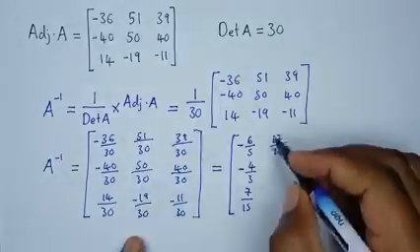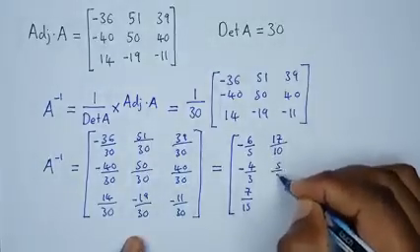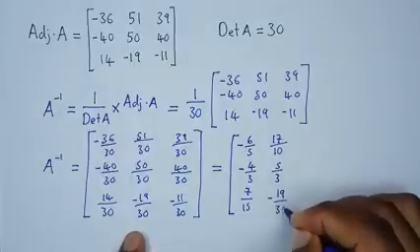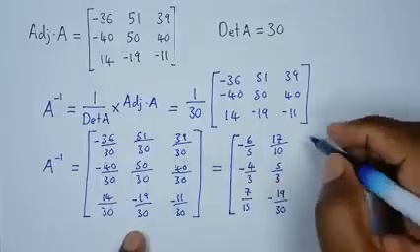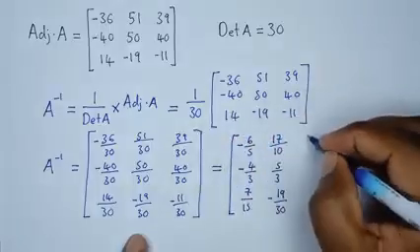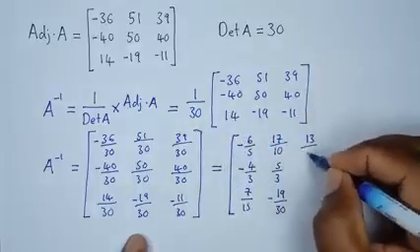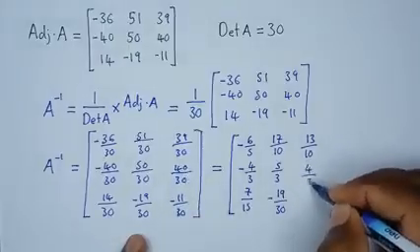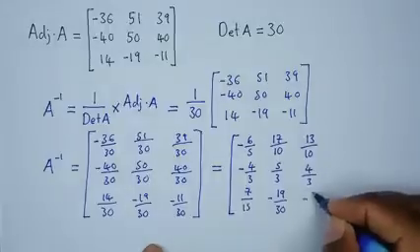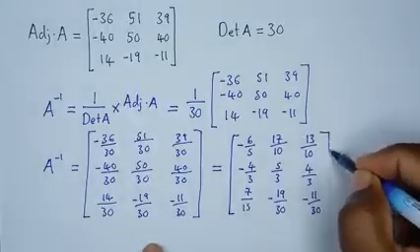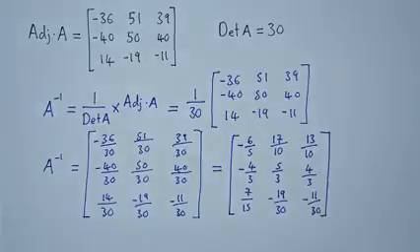When we come here, we can just cancel the zeros, hence we have 5 over 3. Here we leave it as it is, 19 over 30. Here we can reduce it by dividing both by 3, so 3 into 39 is 13, into 30 is 10. Here we cancel the zeros, we have 4 over 3, and lastly, this can remain as it is, which is 11 over 30. So this is the inverse of that particular matrix A that we had.